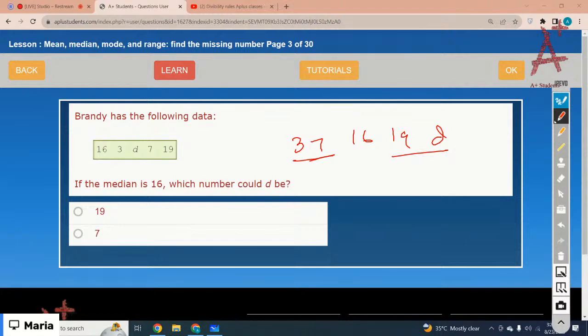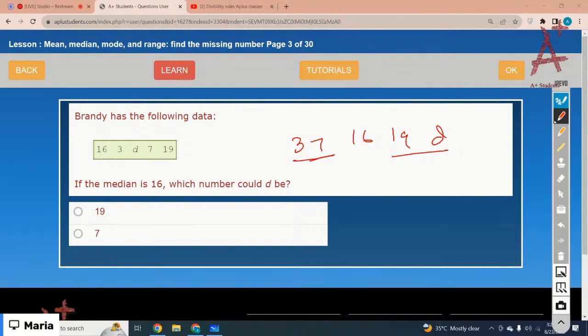Okay, now you are given two of the options, 19 and 7. Which number could D be? Yes, D is 19 because D is the number that is after the median. 16 is the median, so D could be a number that is greater than the median, right?